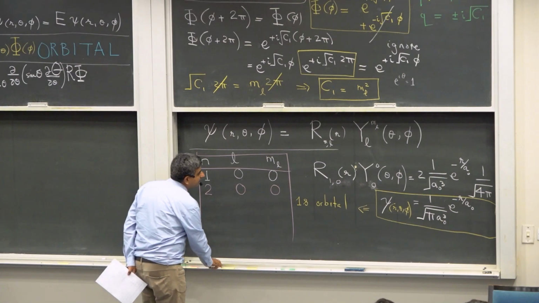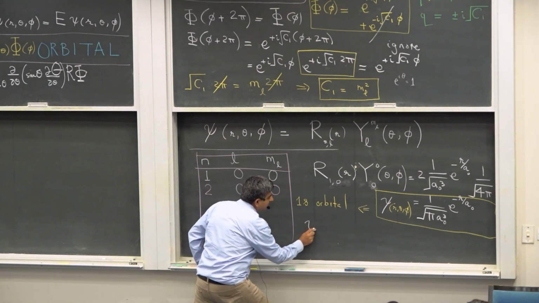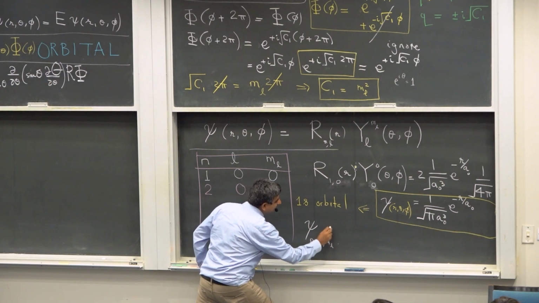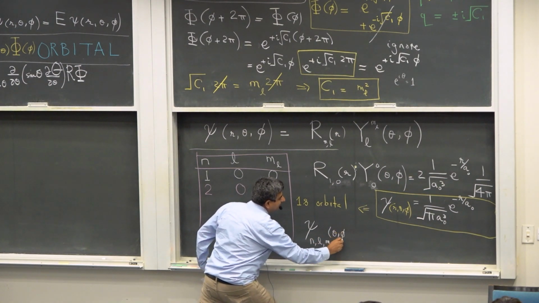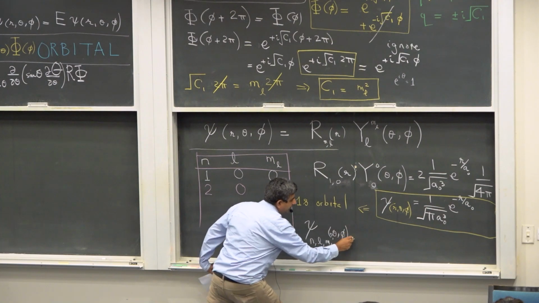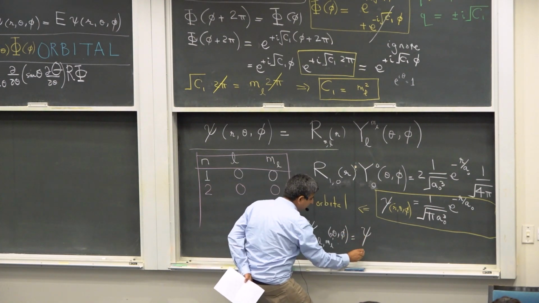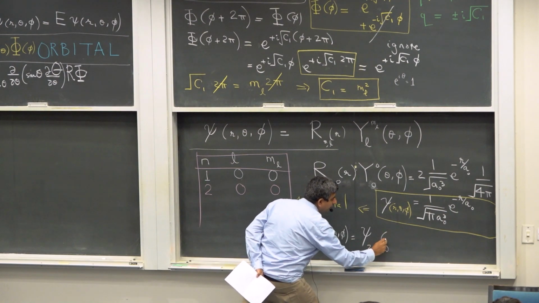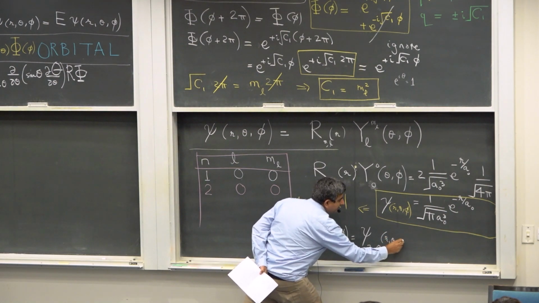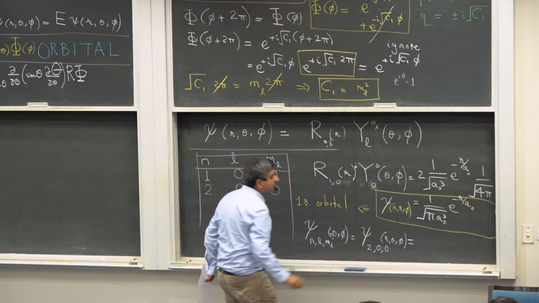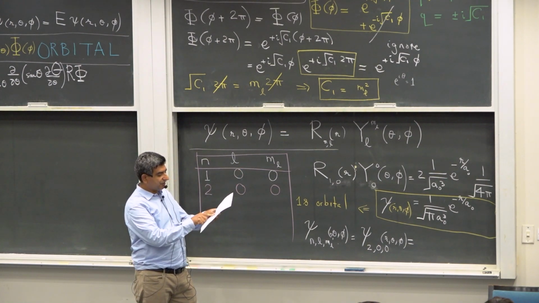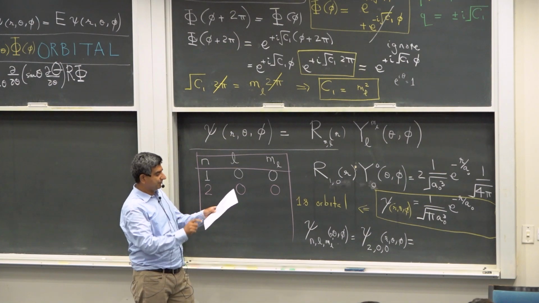So for this, my wave function, which I now write as n L ml, I can write in this fashion as well: theta, phi, r for n equals 2, L equals 0, ml equals 0. I take my r part from this table, the r2 0 part.